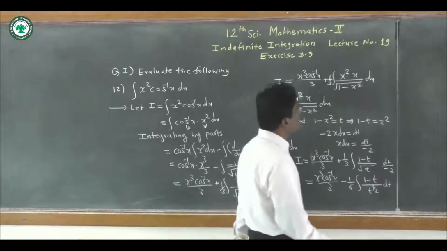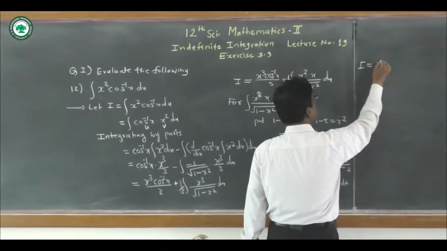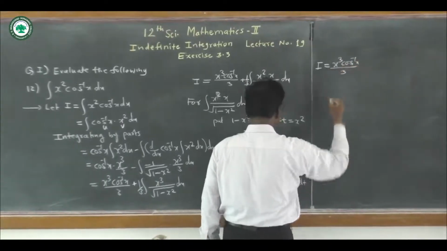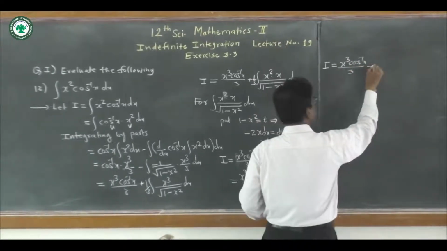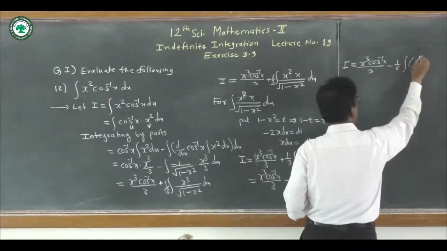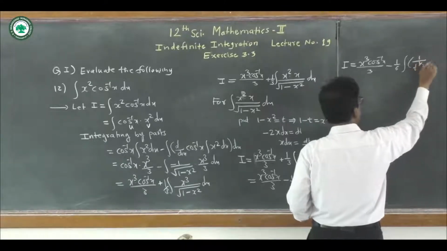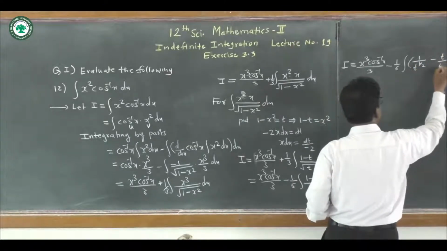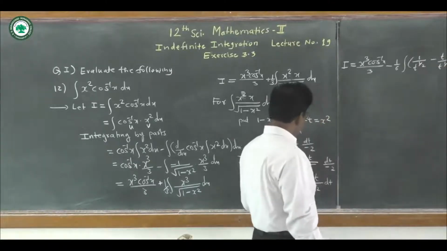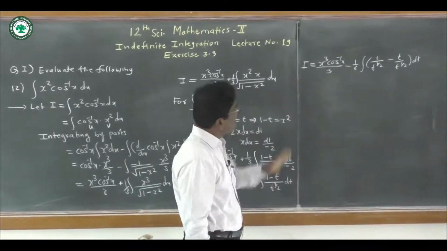So we get here required integral I is equal to x cube cos inverse of x divided by 3 minus 1 upon 6 into integration of 1 upon t to the power half minus t upon t to the power half dt.